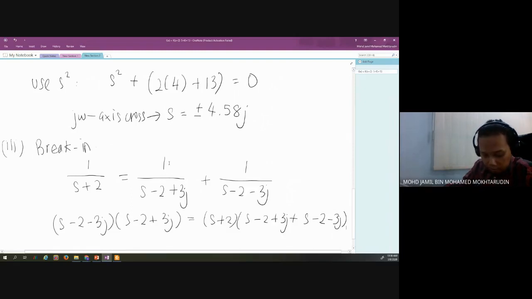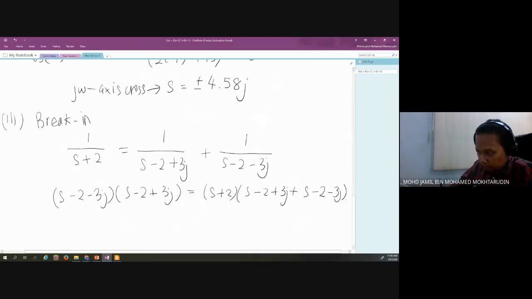Okay, simplify, you will get s square minus 4s plus 13 equals 2s square minus 8.